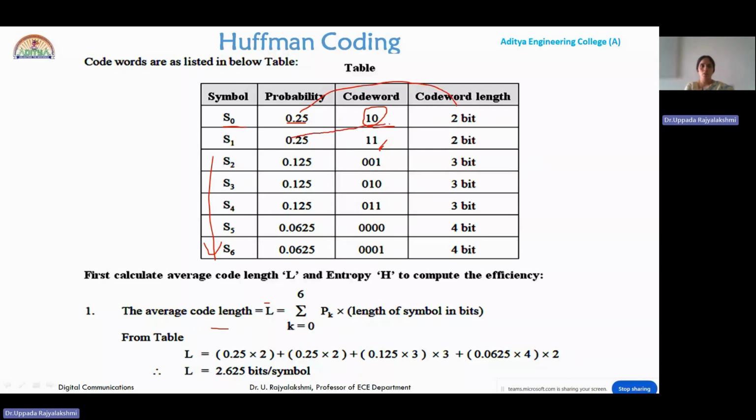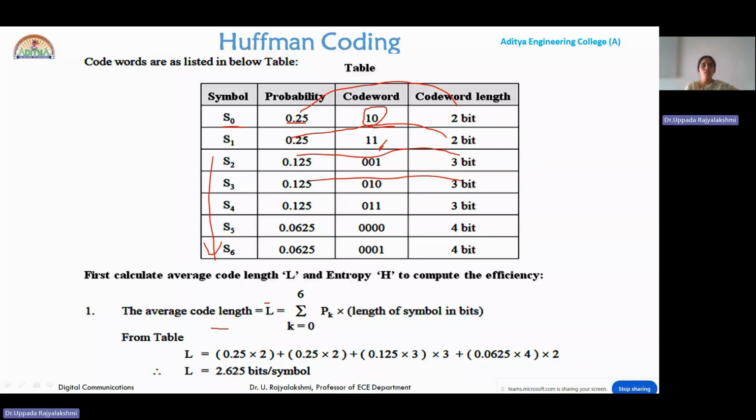So the sum of the products of probabilities and individual lengths is our average code word length. So 0.25 into 2 plus 0.25 into 2 plus 0.125 into 3, and so on, up to 0.0625 into 4. We obtained the average length as 2.625 bits per symbol.